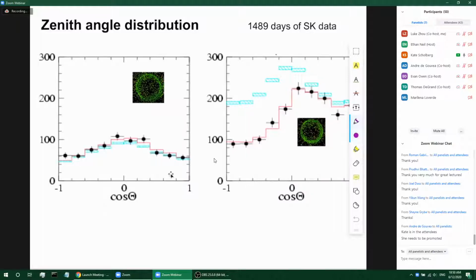What it actually means is that cosine theta of -1 refers to an upgoing neutrino. Strictly, it's a lepton, which is approximately an upgoing neutrino. Cosine theta of +1 is a downgoing neutrino.